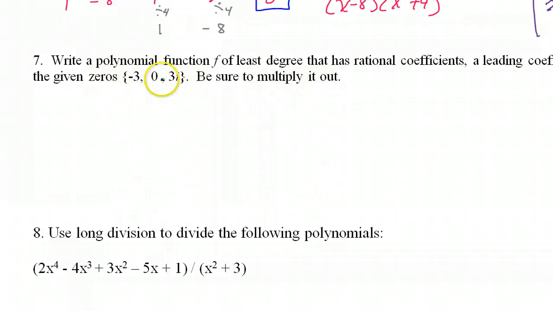Alright, the main thing is these zeros here. Before we even get started, please understand that there's another zero, there's a fourth zero that's implied from what we have here. Does anybody know the extra zero that must be automatically included? The extra zero is negative 3i.